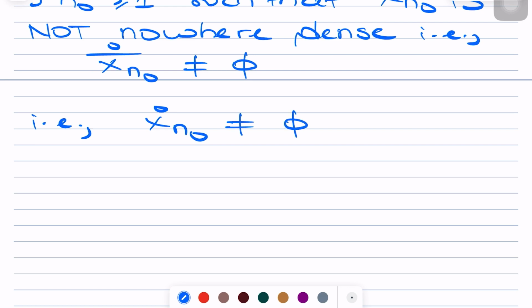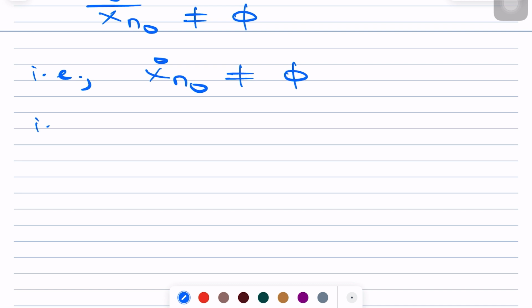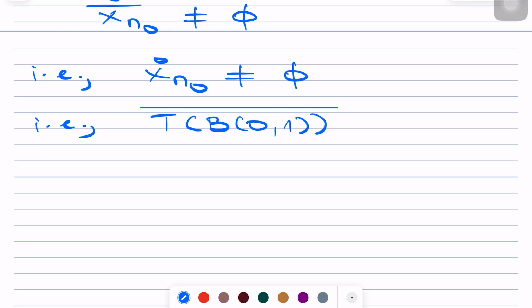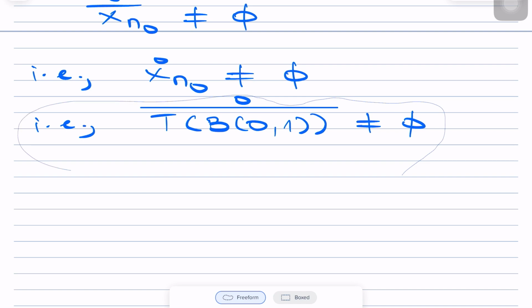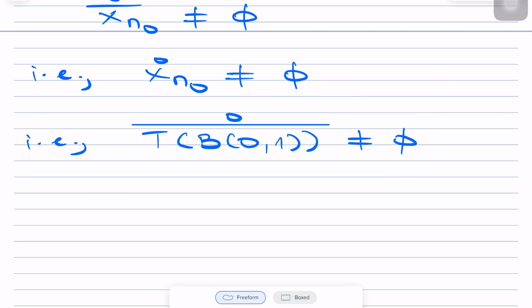So this means, just replace Xn0 by its definition, the interior of the closure of this is different from the empty set. Let me drag it slightly down for clarity.